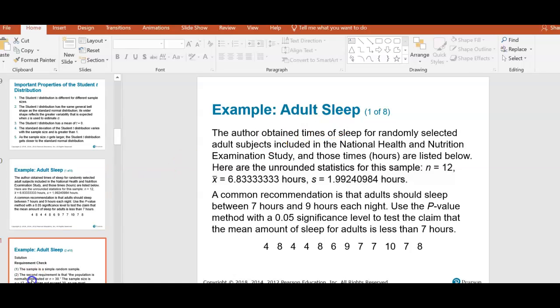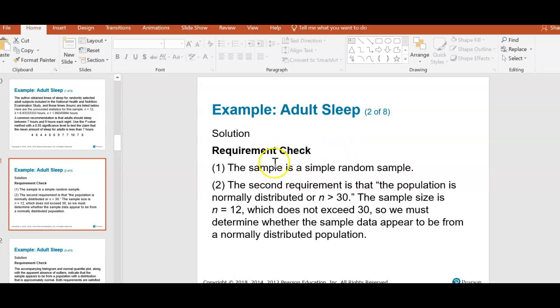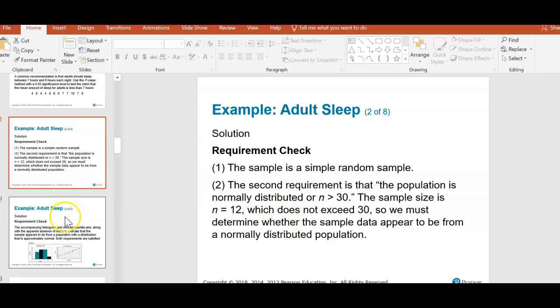So we have our requirement check here. It is a simple random sample. The second requirement, that the population is normally distributed or n is greater than 30, we're not 100% sure on this. So we do a little check to make sure that the sample data don't look too far from normally distributed to see if we can actually do this.